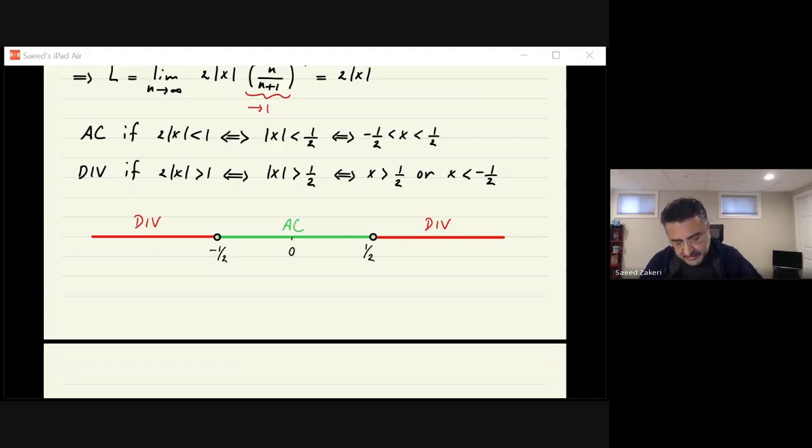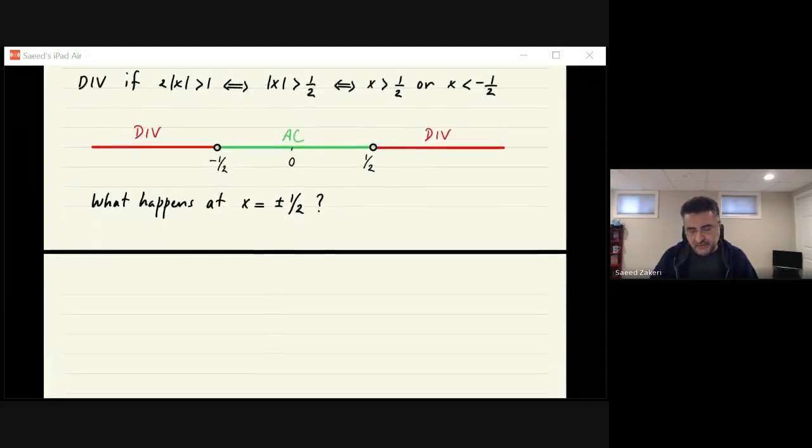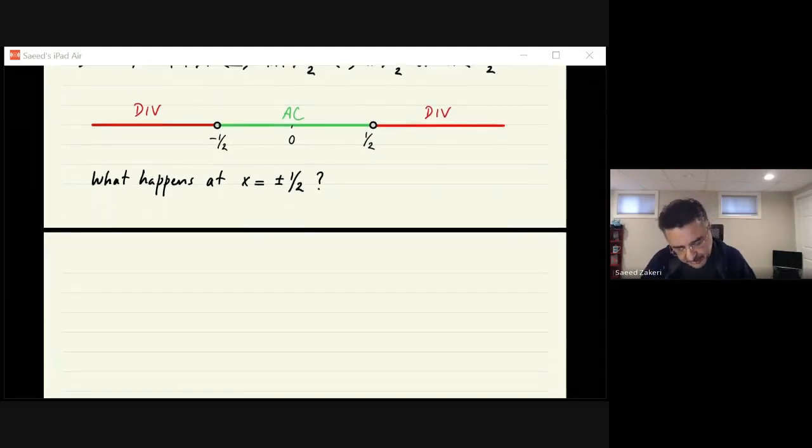What happens at these 2 points? So we have to study them separately.